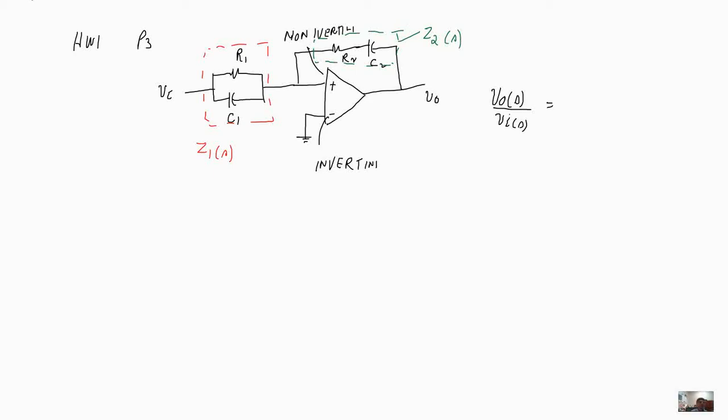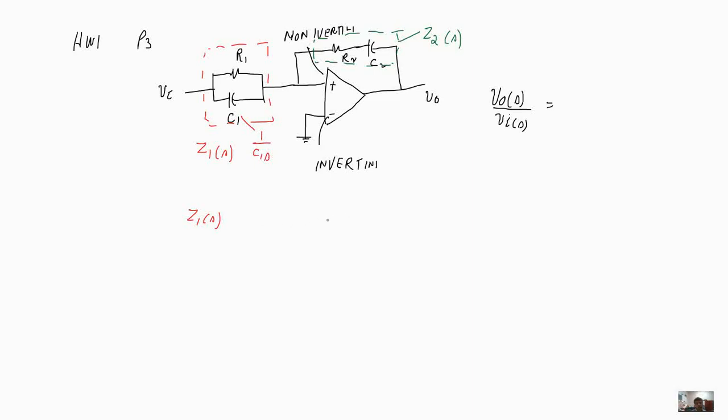So let's compute or try to solve for Z1 of S. Let's keep it color coded here. So Z1 of S, well, if you're trying to compute that, it's pretty interesting here, right? Because this is in parallel with this guy. So if you recall that for the capacitor in frequency domain, this is equal to 1 over C1 of S, right?